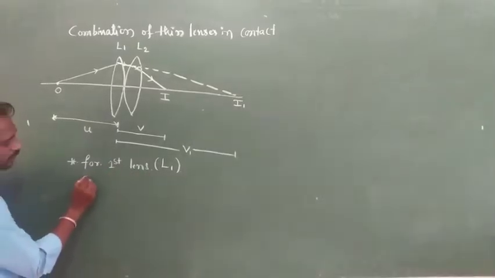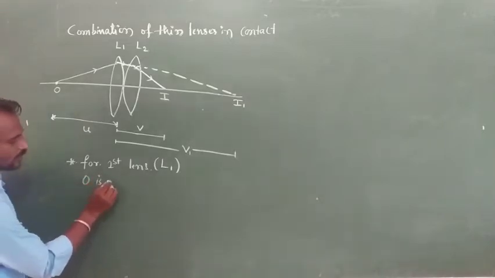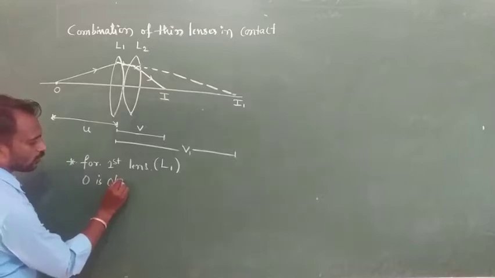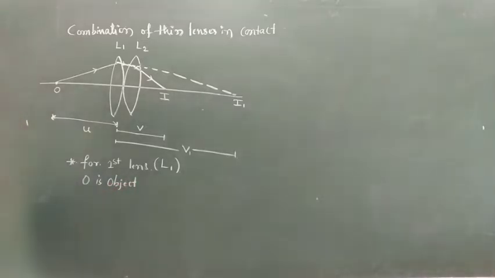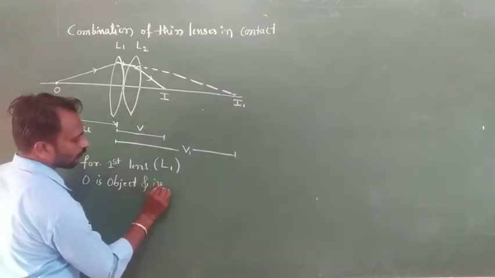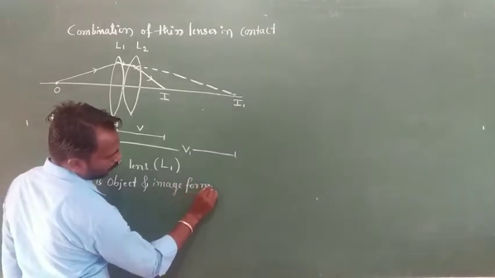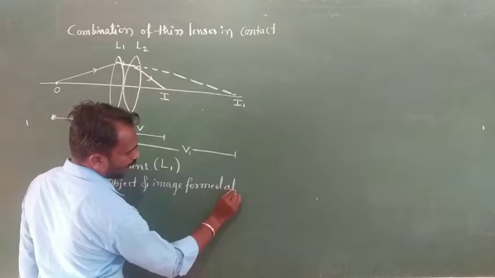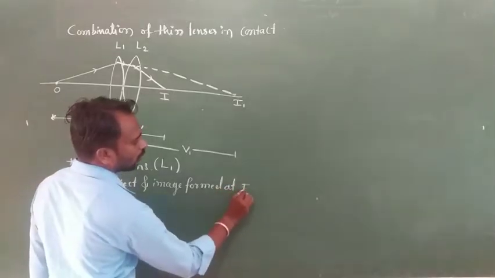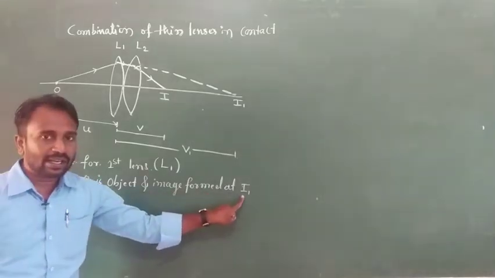O is the object and the image is formed at I1.